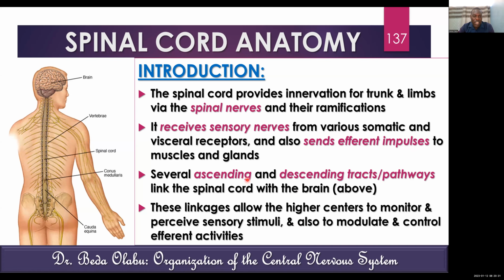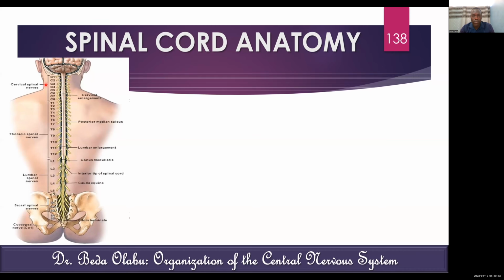The linkage that the spinal cord has with the brain enables the brain to control a number of functions of the spinal cord, but also to receive the sensory impulses from the rest of the body. And so it's important that the brain and the spinal cord are connected for that particular reason.